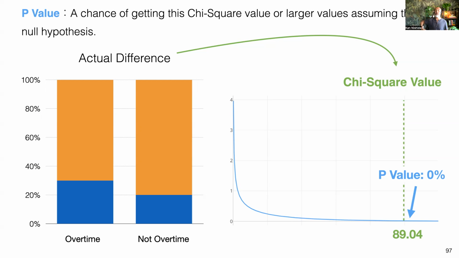That's basically the area under the line to the right of this green dotted line. So that is almost 0%, that crazy small number we saw. Almost 0%, right? And that's where we are now.